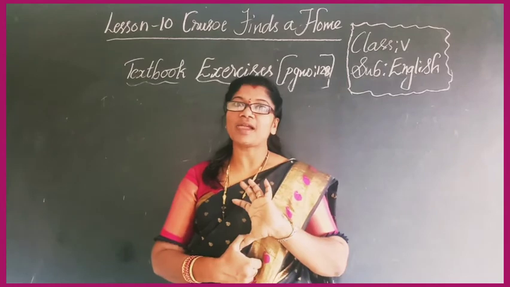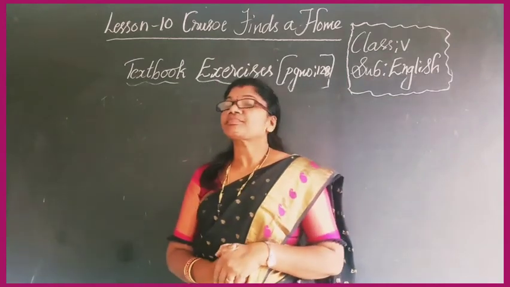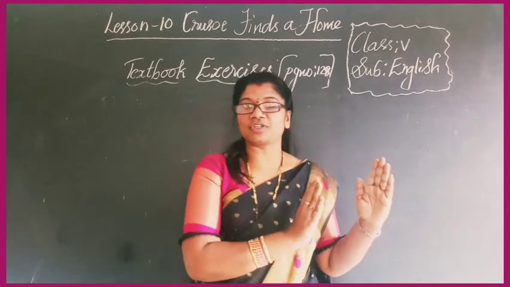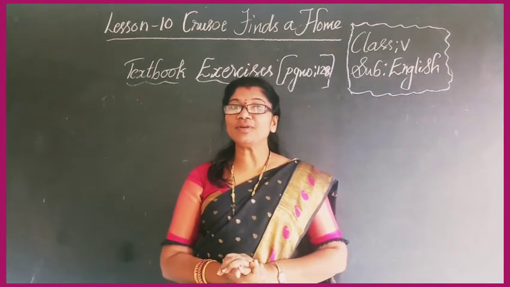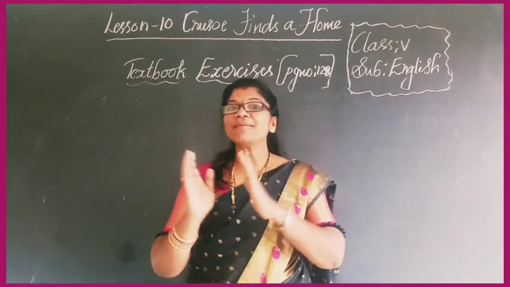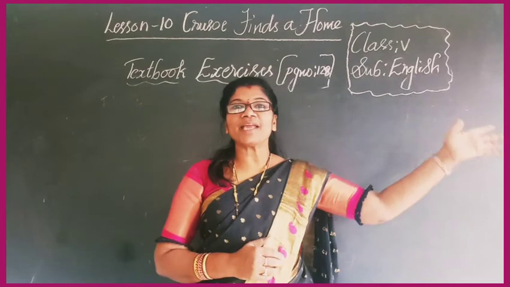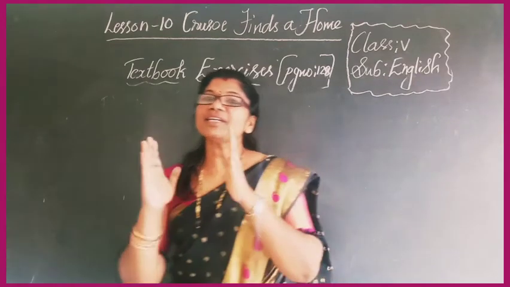You can join two sentences. For example, I met Asha. One sentence, right? Subject, verb, object. You want to join two sentences, right? Take out the full stop: I met Asha when she was playing in the ground. One sentence is I met Asha.